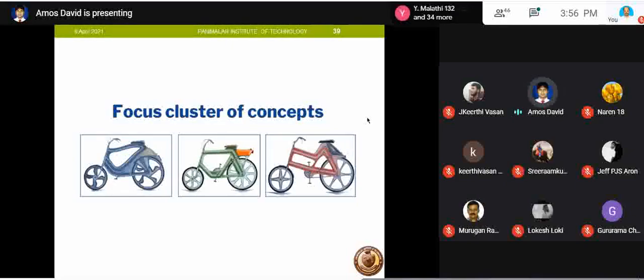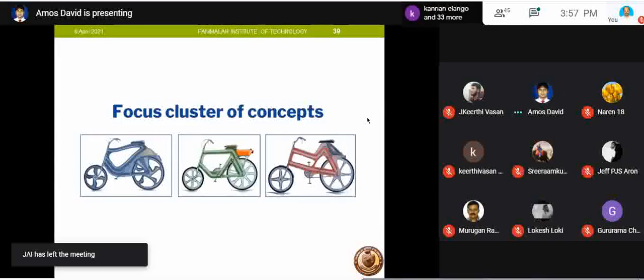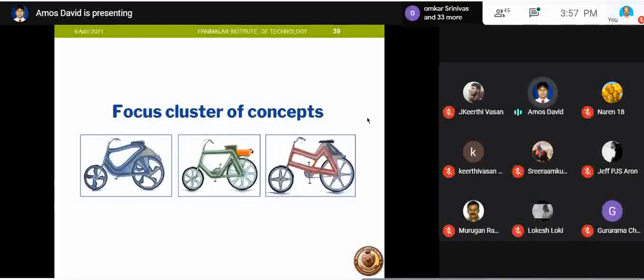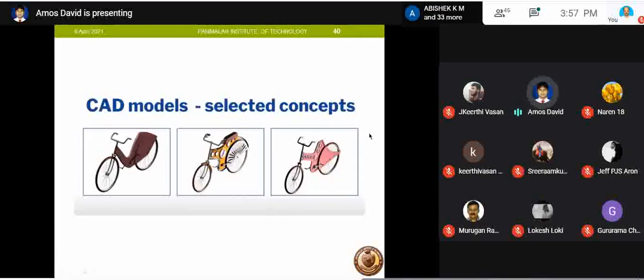So what they thought was, why don't we come up with a frame made out of sheet metal itself? Instead of having a bike frame with the help of rods, why can't we have a sheet metal based bike frame? So these 4 designs is what they came up with. All right. Then look at this.